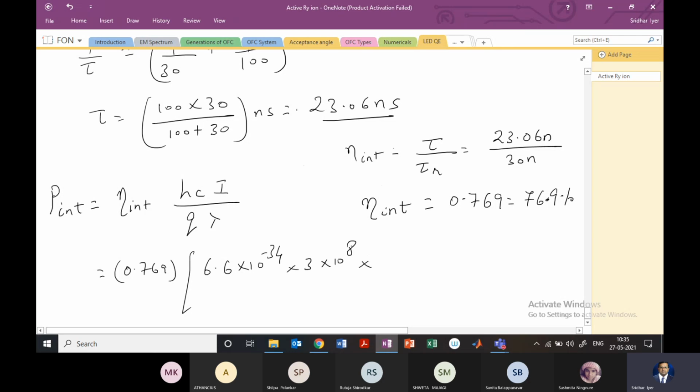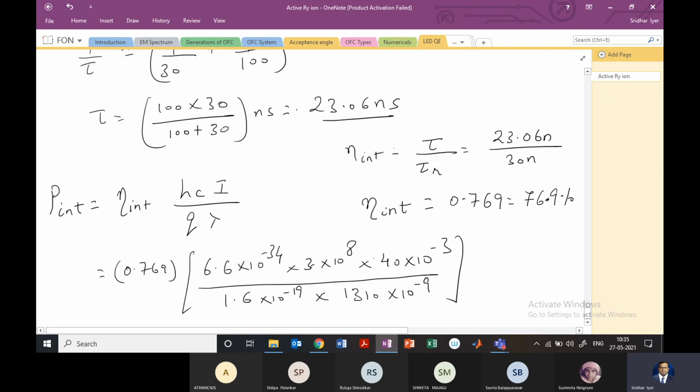I is the injected current, which is 40 milliamperes, so 40 into 10 raised to negative 3. And q is 1.6 into 10 raised to minus 19. Lambda is 1310 nanometer, so 1310 into 10 raised to minus 9.